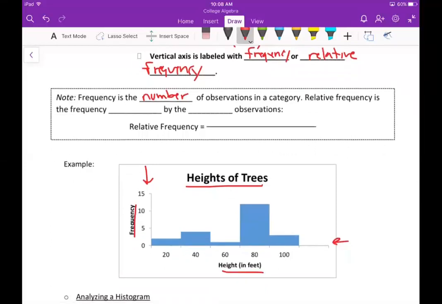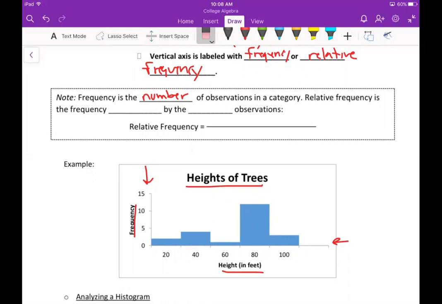It means that there's a couple of trees that are a height between 0 and 20. And then there's about 4 trees here that are between 20 and 40 feet. And then there's about 1 tree that's between 40 and 60 feet tall. Okay, they're intervals. They're not labels that say there's this many trees that are 20 feet tall.